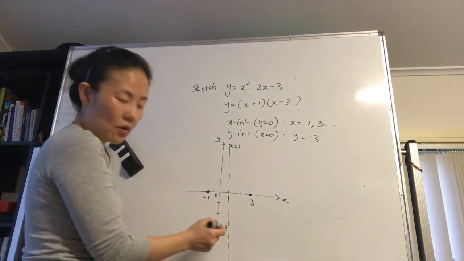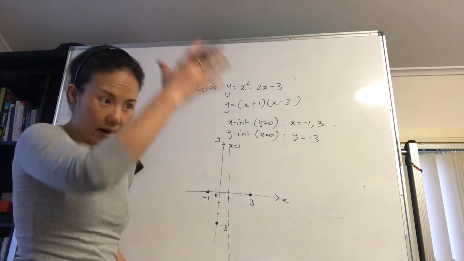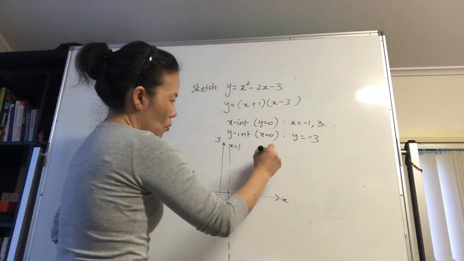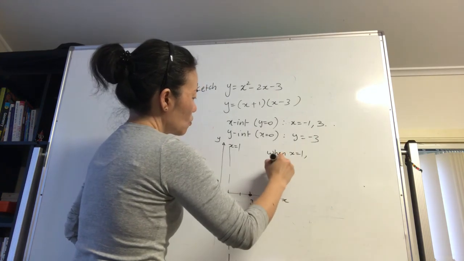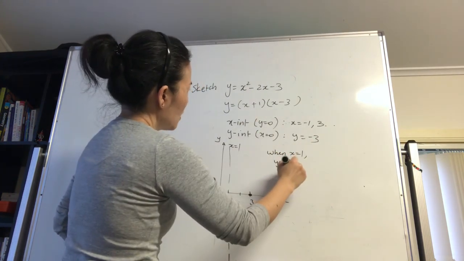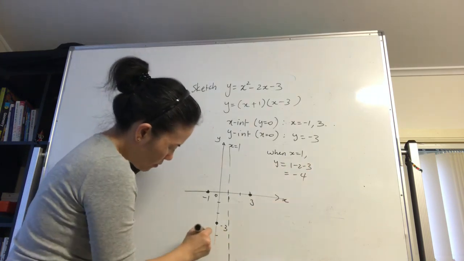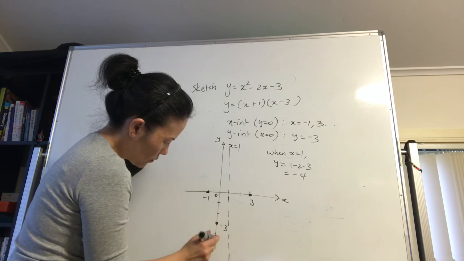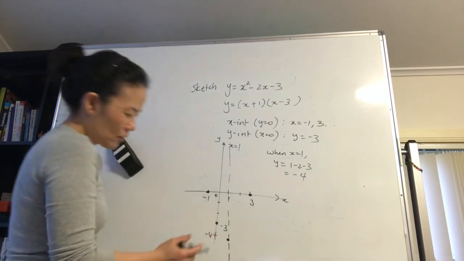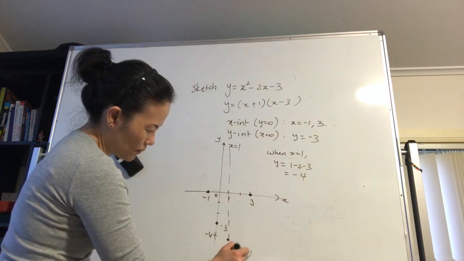That's the x coordinate of my vertex, because it's right in the middle. So when x equals 1, what's y? It'll be 1 minus 2 minus 3, which is minus 4. So that's my vertex right there, which is 1 and minus 4.